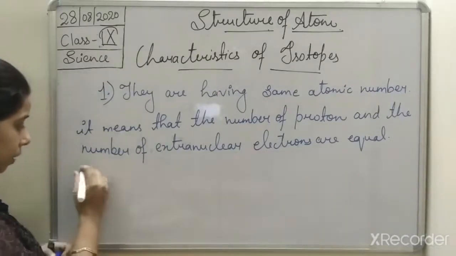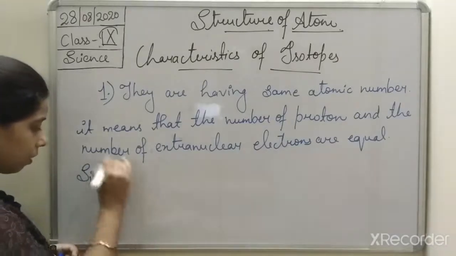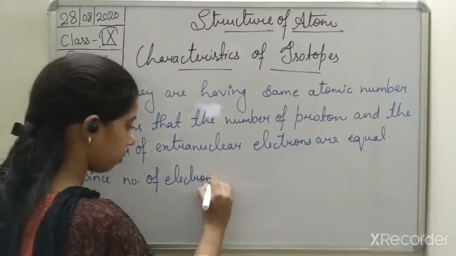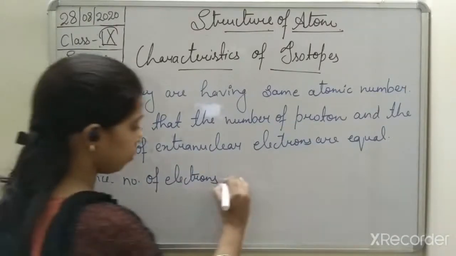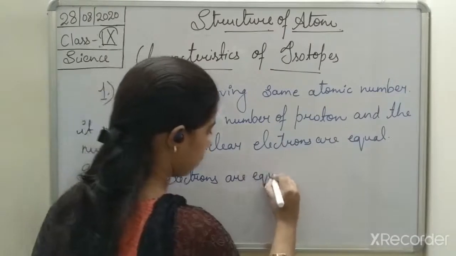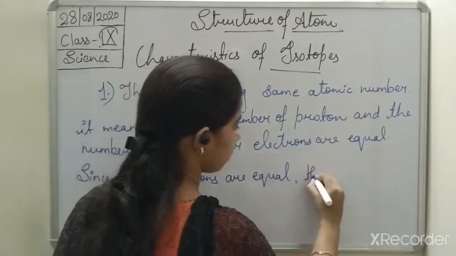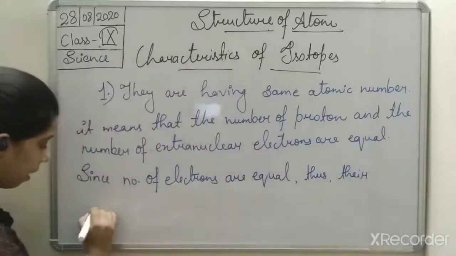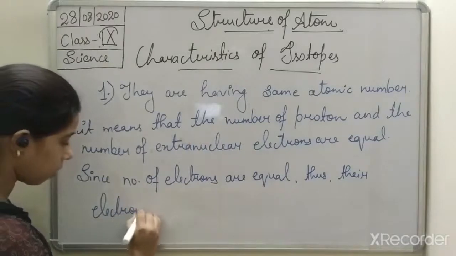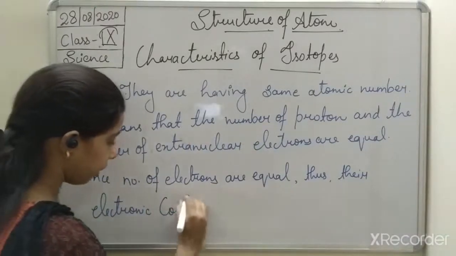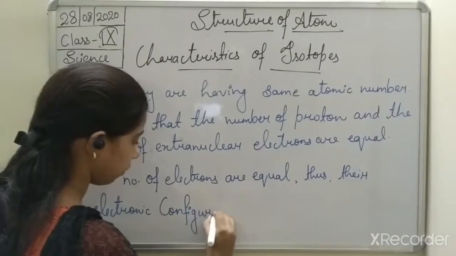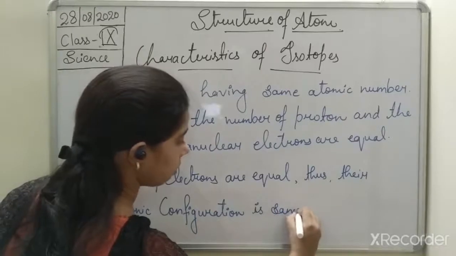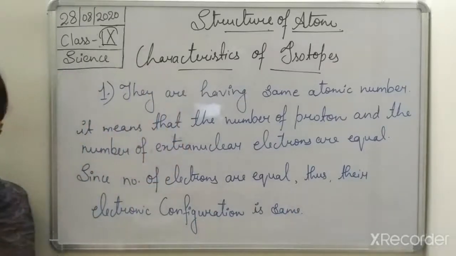Since the number of electrons are equal, thus the electronic configuration is the same.